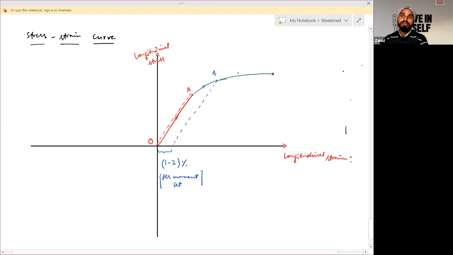Now it has lost the ability to regain its original shape, and this is known as plasticity or plastic behavior. So this is called the plastic region from B to C, and the object has elastic behavior from O to B only. So this is called the elastic limit.